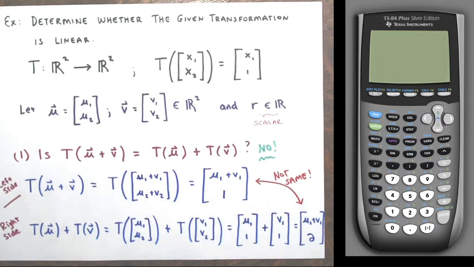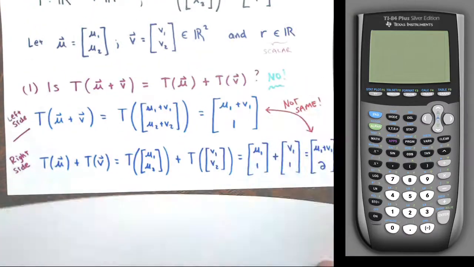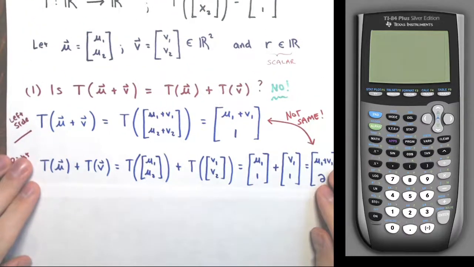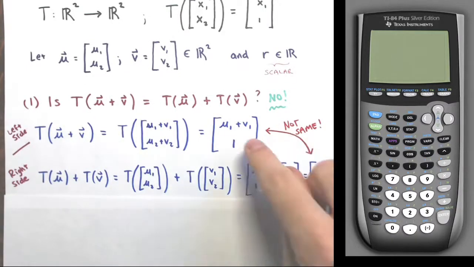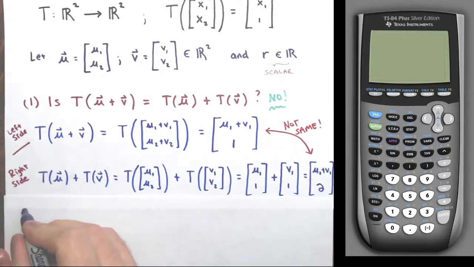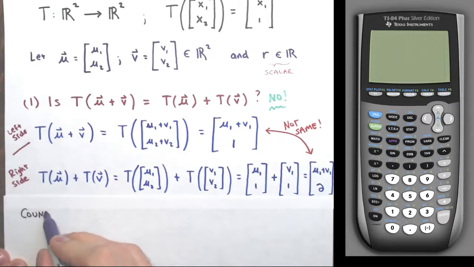But I would like to also give a counterexample to this, something with some specific numbers in it. In order to show that a general statement is false, you only need to show one counterexample. So it seems to me that this is going to be false. So here's a counterexample to statement 1.